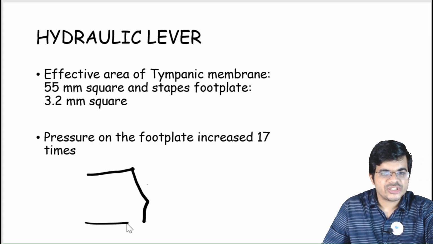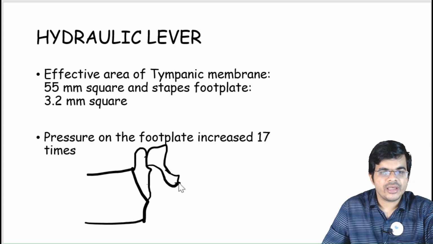The effective vibratory area of the tympanic membrane is 55 square millimeters, and onto it is attached the handle of malleus, and here you have the incus attached, right? And on the incus is attached the head of stapes, and then you have the foot plate of stapes, which is attached to the oval window, right?